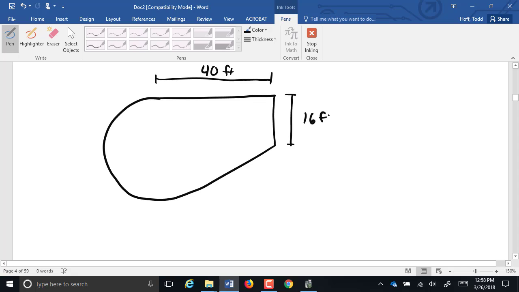This here is 16 feet. The radius of our circle is, let's go 14 feet.